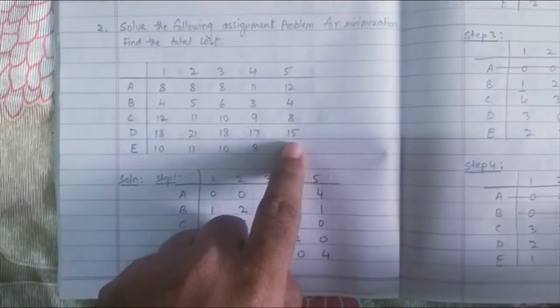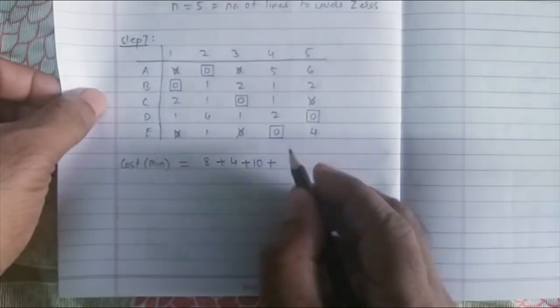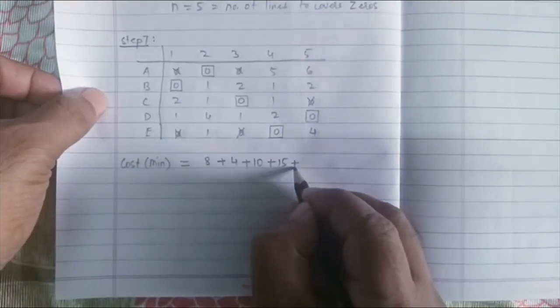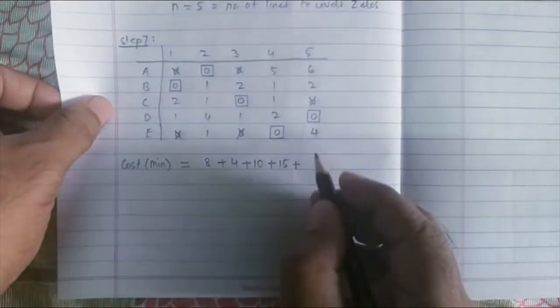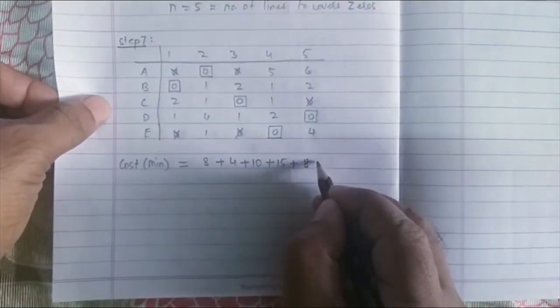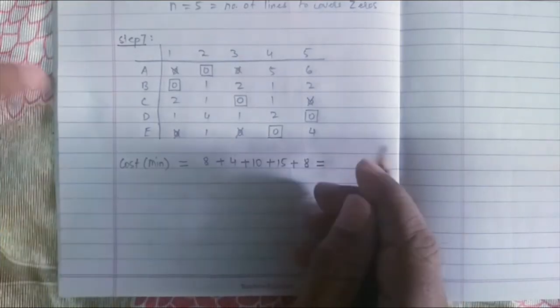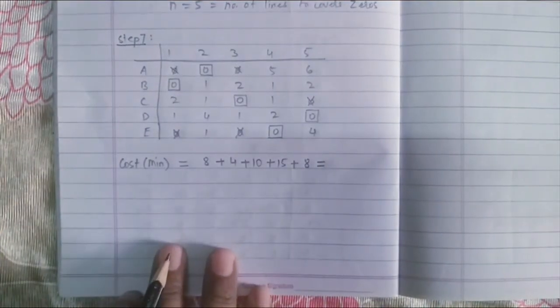D is assigned to 5, 15. And the last one, E, is assigned to 4, which is 8. Let us do the calculation and find out the total value.